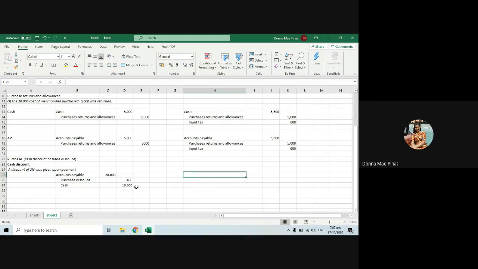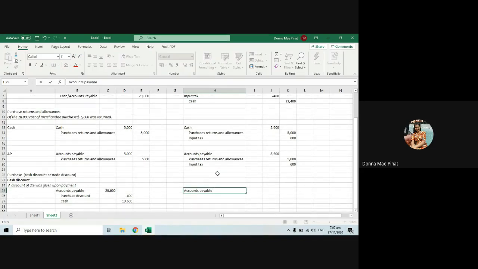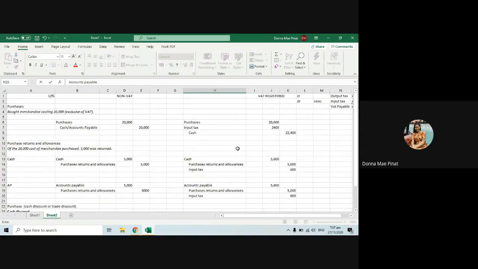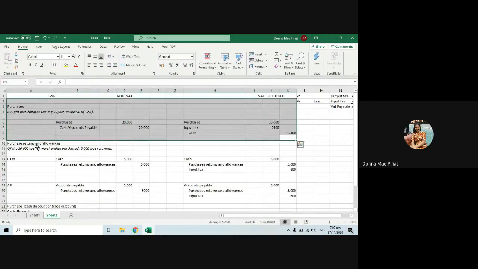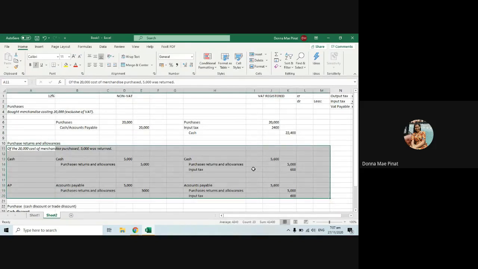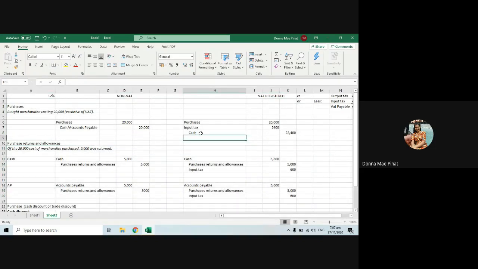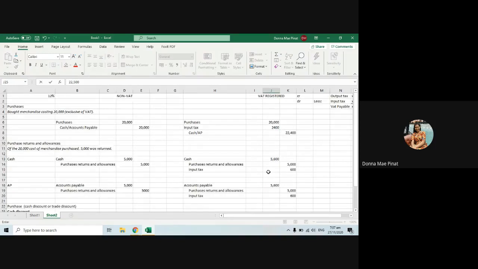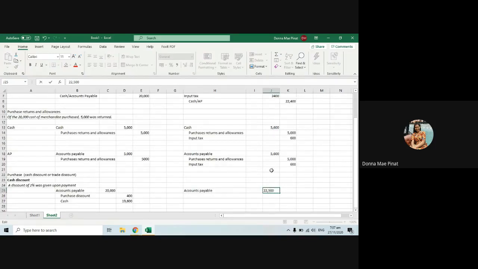Now, for VAT. If VAT registered, of course, it's accounts payable. Your accounts payable is 22,500. There is 400, because that is with VAT.